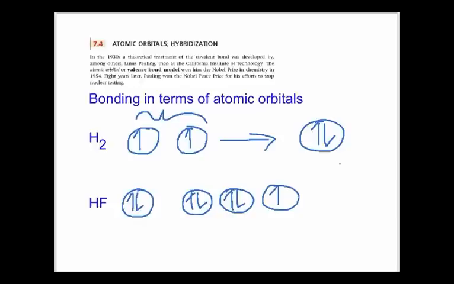This half-filled orbital would overlap with the half-filled orbital from the hydrogen. So this one is from the hydrogen, this one is from the fluorine, and the bond would be formed from those two. Okay, so everything was fine with those two.